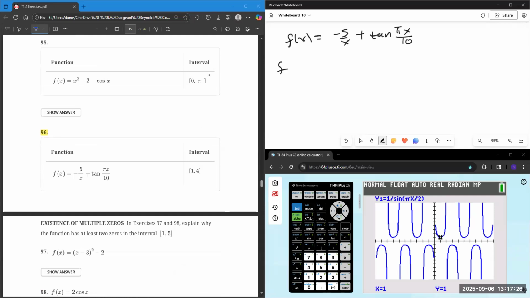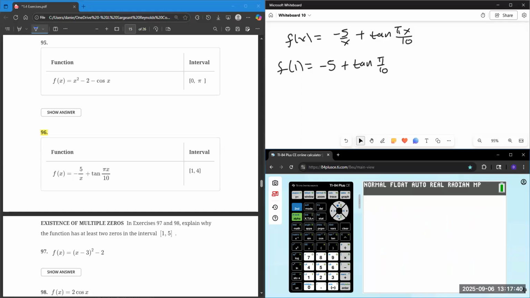So f of 1 is -5 plus tan pi over 10. Let's go ahead and figure out what that is. -5 plus tan of pi over 10 is about -4.675.